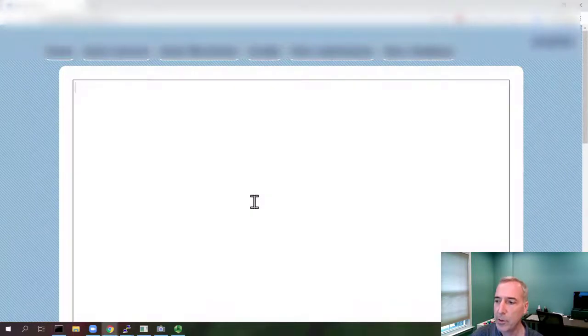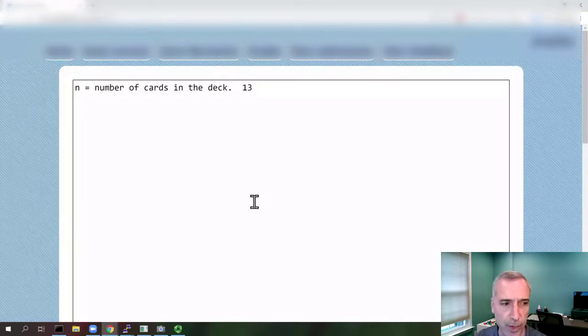Okay, so when we started this deck, we had n cards. So n is equal to the number of cards in the deck, and that's 13. Now, if I did this with 52, it would have worked just as well, but our m is the size of the cut.